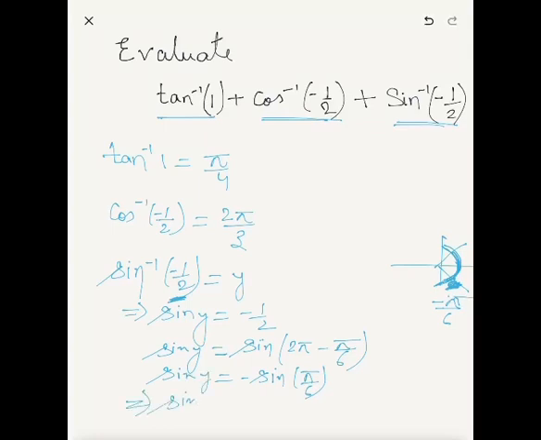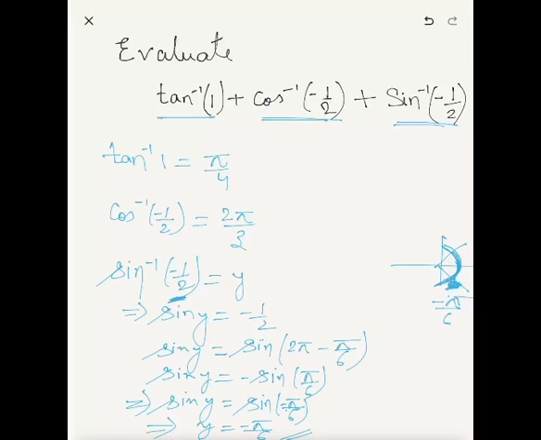Now since we all know that this is an odd function, minus will go inside the parameter of sin x. So from here you can say y equals to minus pi by 6. Okay, you can solve in your convenient way. Whatever way you feel convenient, you go through that. Anyway, I've written all the 3 terms separately.